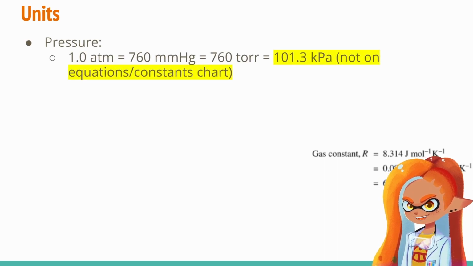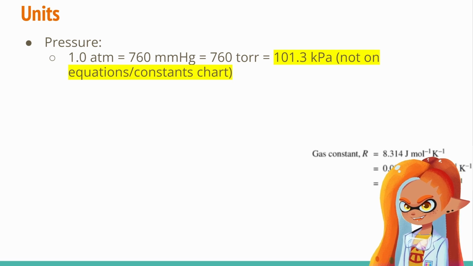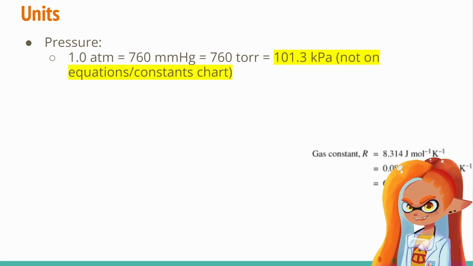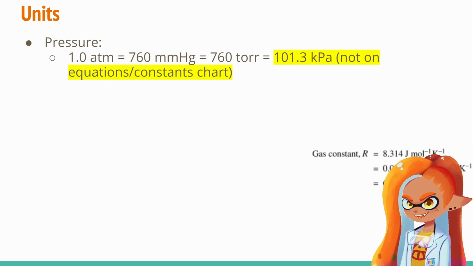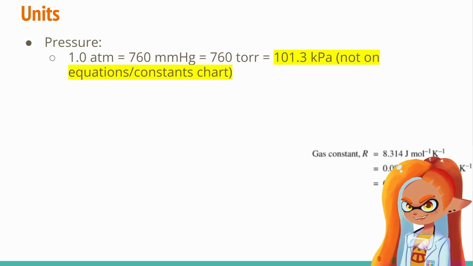Pressure has all of these conversions, so if pressure is given in atmospheres, you should be able to convert it to millimeters mercury, to torr, and to kPa. The first three are on the constant equation sheet, but kPa is not, so make sure that you remember that for converting purposes.